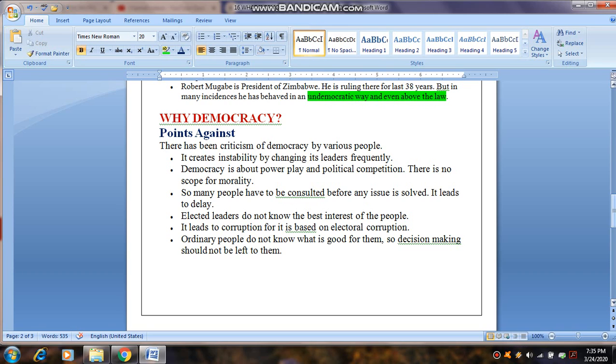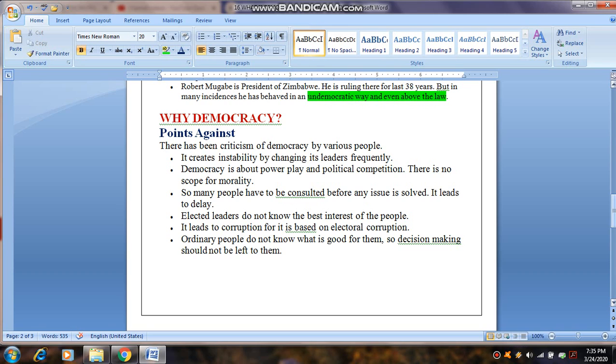It creates instability by changing its leaders frequently. A group of people felt that it is instability because the leaders are changing frequently in democracy. The next point is that democracy is about power play and political competition.